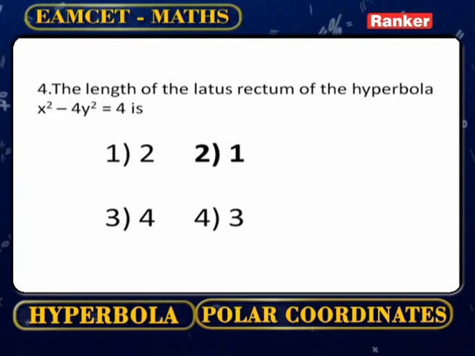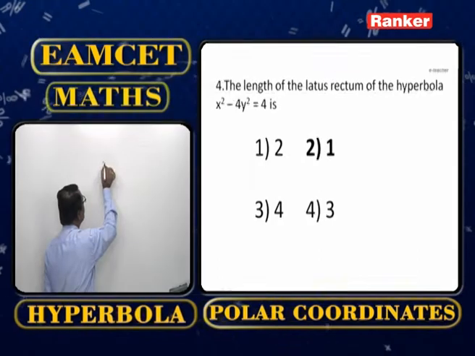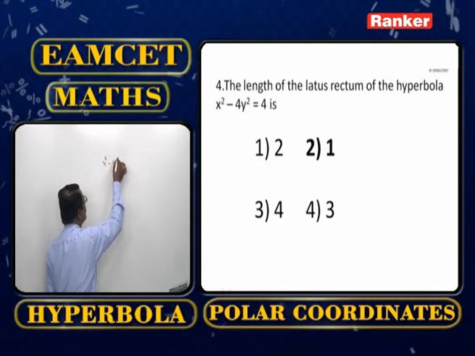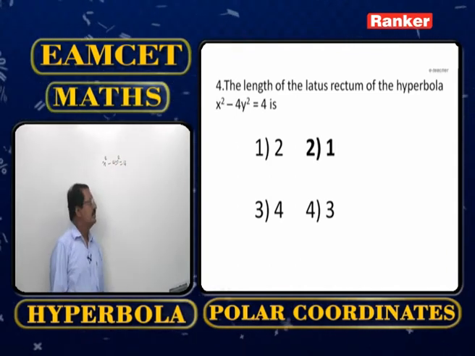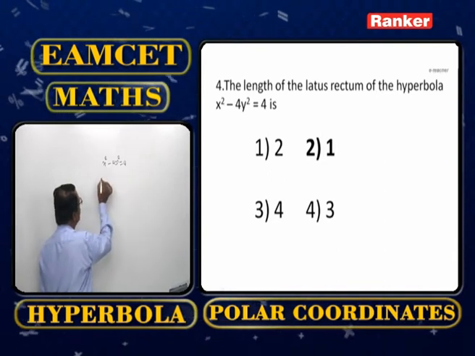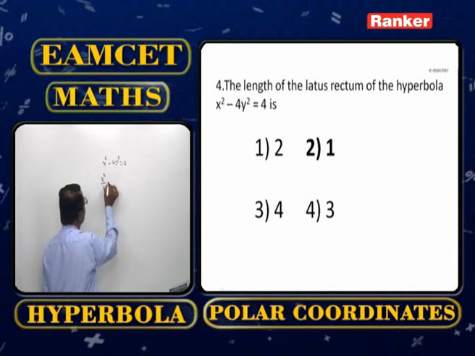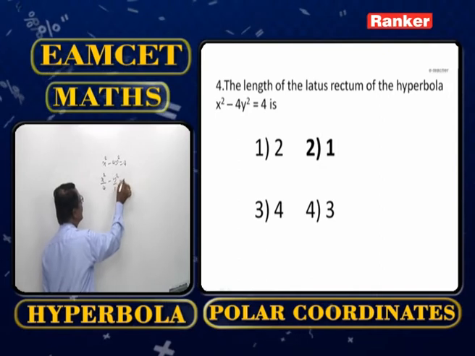Next: the length of the latus rectum of the hyperbola x square minus 4y square equals 4. Converting the given equation into standard form, x square by 4 minus y square by 1 equals 1.